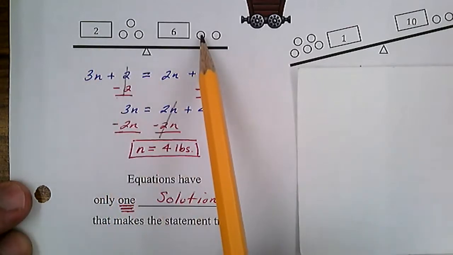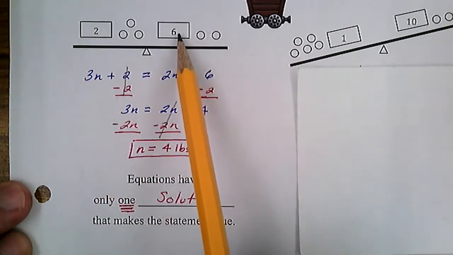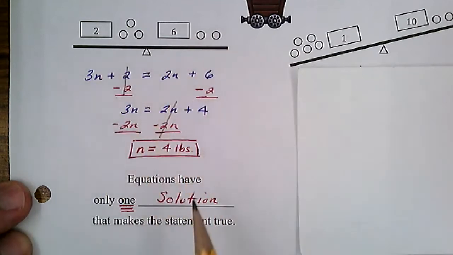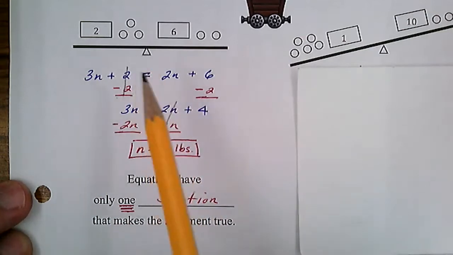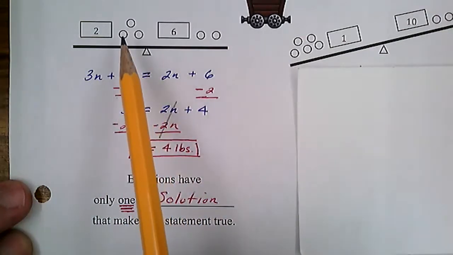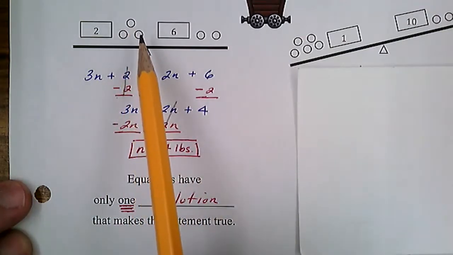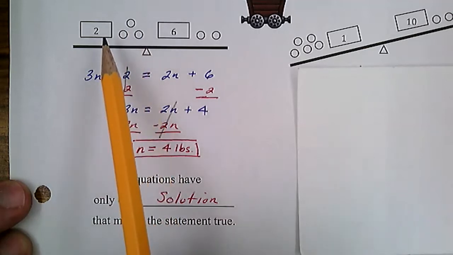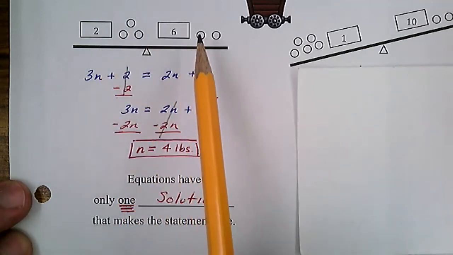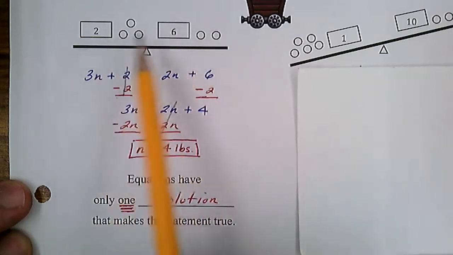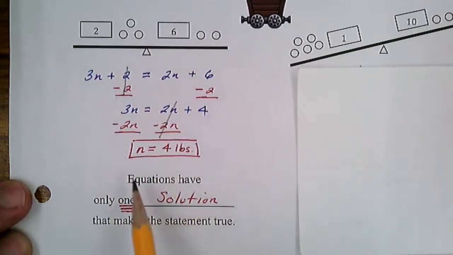And over here, 4 and 8 plus 6 makes 14. It's balanced. But if I picked any other number, let's say I picked the number 1. If I try to say each of them were 1 pound, that'd be 1, 2, 3. 3 plus 2 is 5. But over here, we'd have 6, 7, 8. So we would know it's not equal. So equations only have one solution.